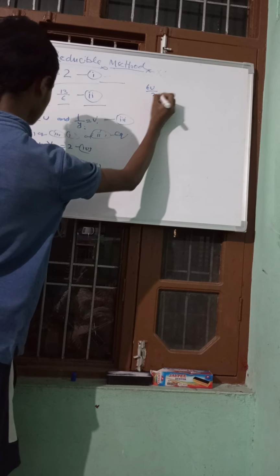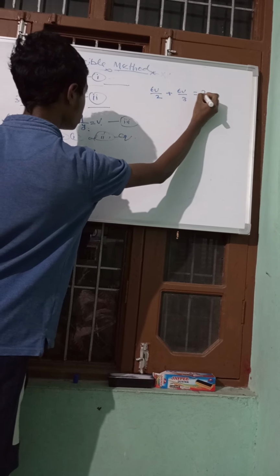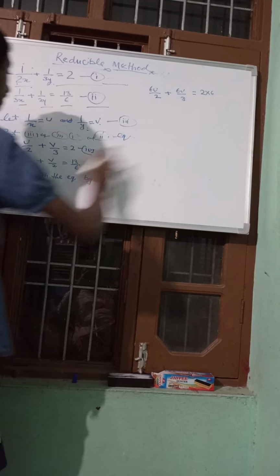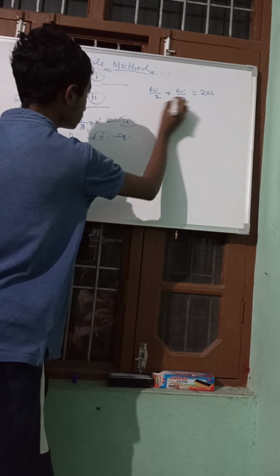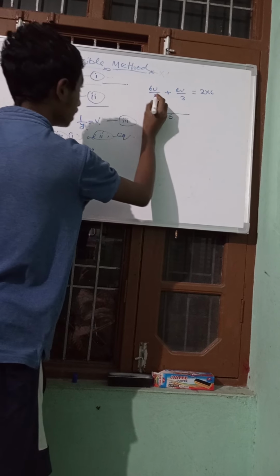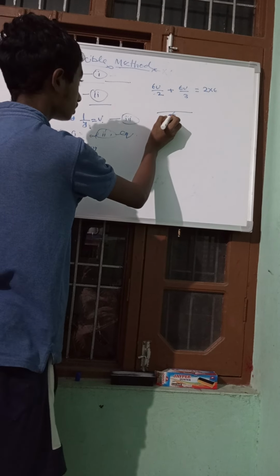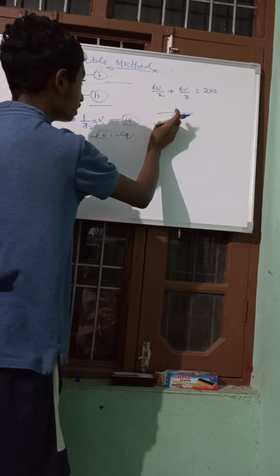6u upon 2 plus 6v upon 3 is equal to 2 into 6. It will be our next equation, and we have to take the LCM of 3 and 2, which will be 6. As you know, we have been doing all these things since our earlier class.